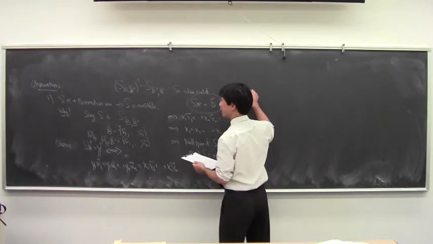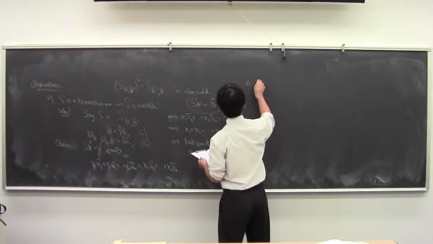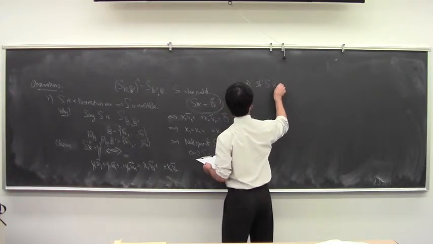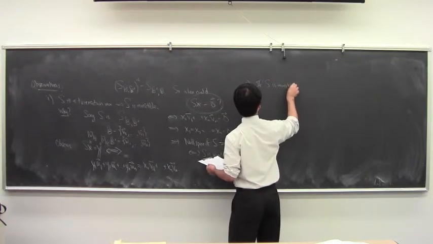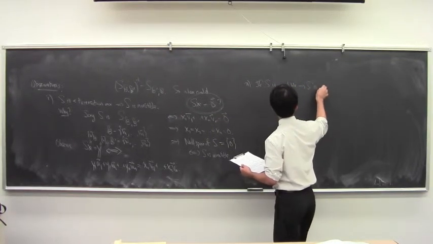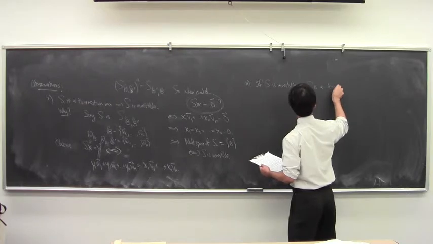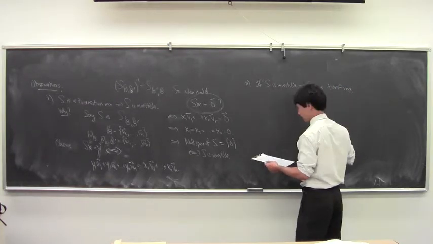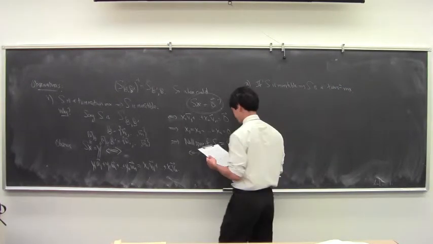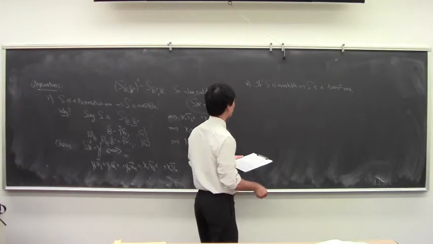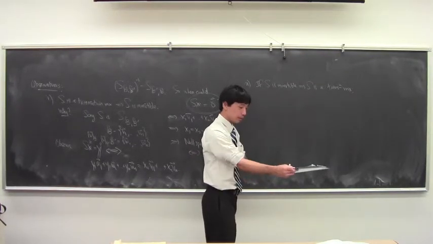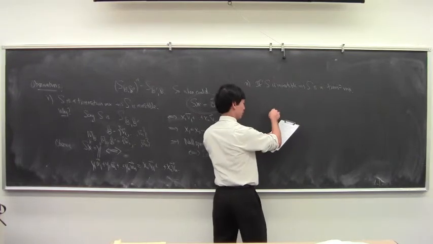In fact, a converse statement is true. If S is invertible, then S is a transition matrix. I'm not going to give you the whole proof, but let me sketch it out.